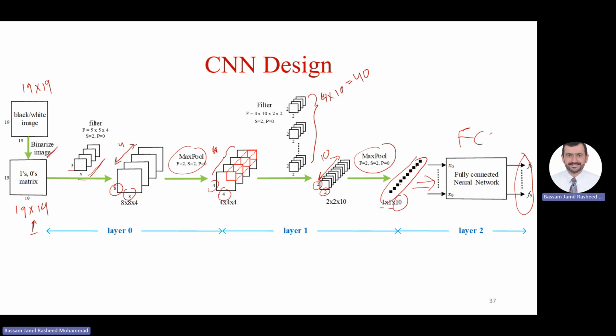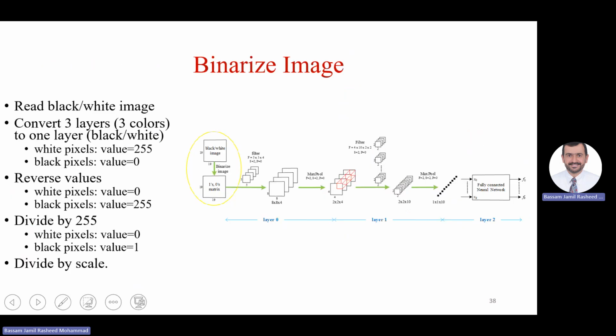Let's zoom in to this layer, then to this layer, then the last layer. Basically, if I have a colored image, I'm going to convert it to a black and white image. Then I'm going to play with the values of the white and black.